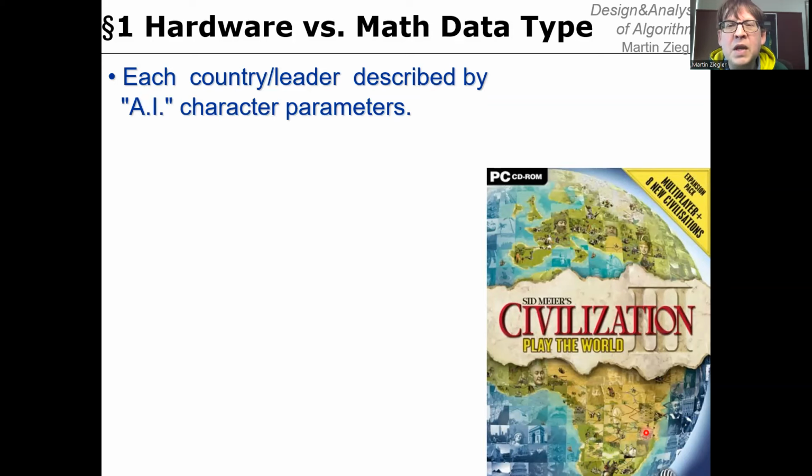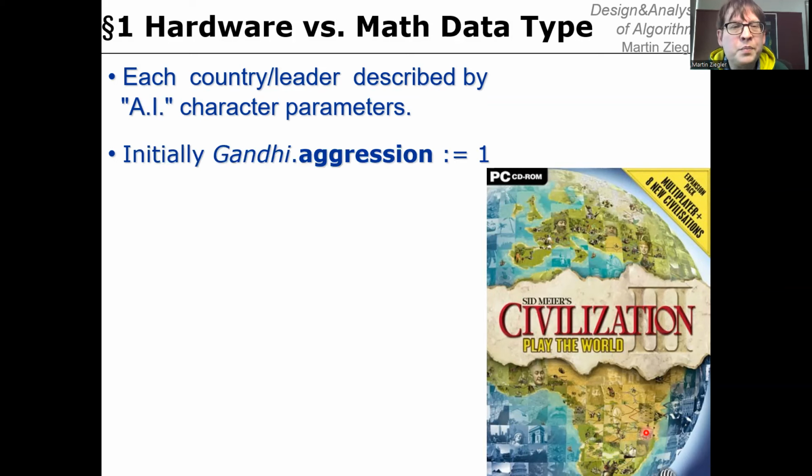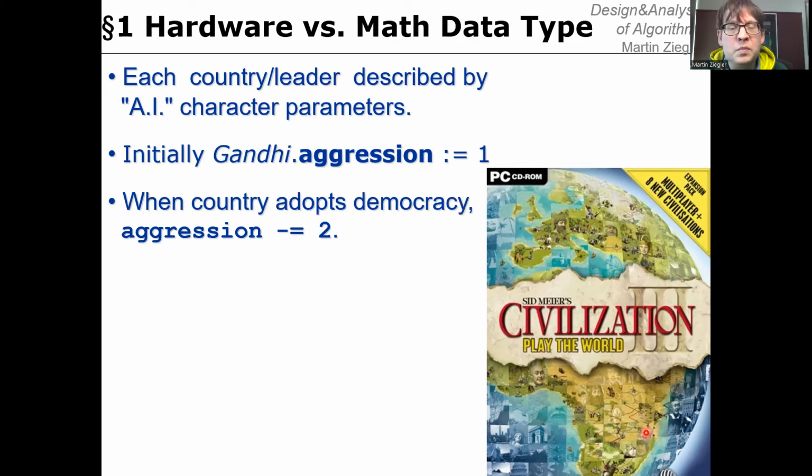For example, India is ruled by Gandhi, and Gandhi is described by parameters such as very low aggression level. It is Gandhi after all. Another rule of the game is that when a country adopts democracy, then the aggression level decreases further by 2.